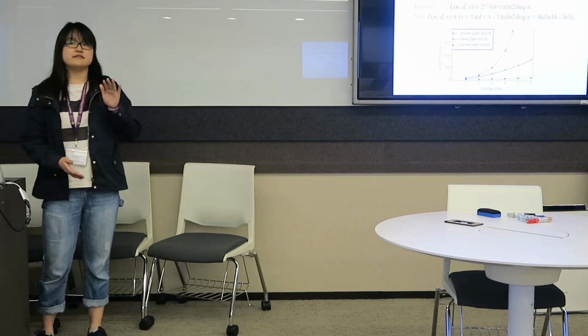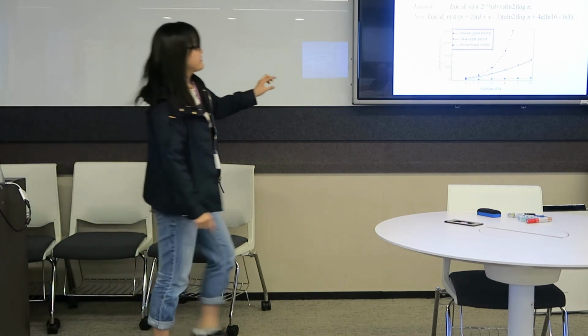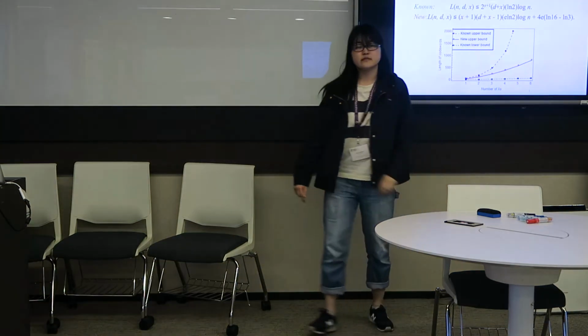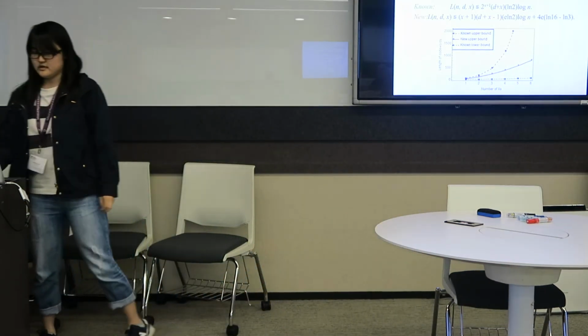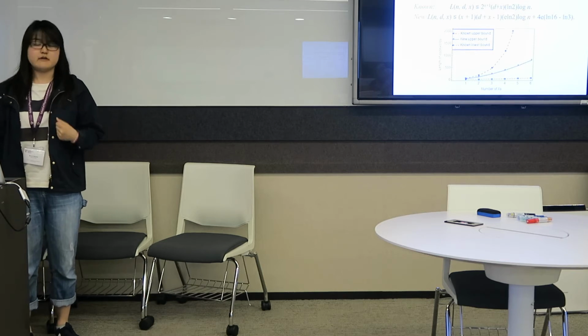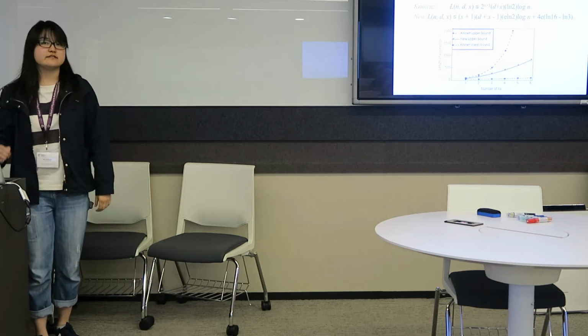However, there still remains a non-trivial gap between the upper bound and lower bound. Another important thing is the weight of X code. So we are planning to address this point.